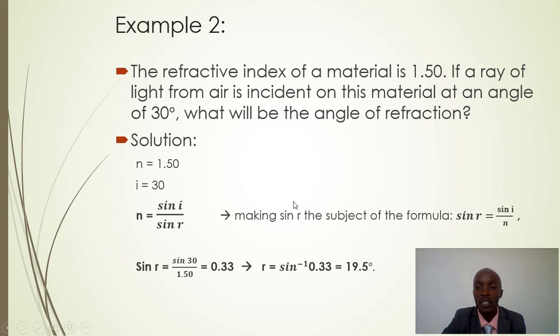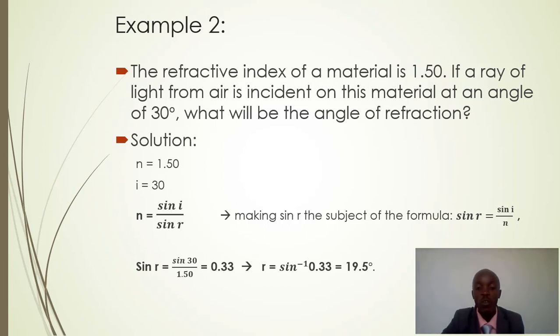It would be sin r is equal to sin i over n, n being the refractive index of our material. Now, sin r is equal to sin 30 over 1.50, meaning we're just substituting the given quantities. The answer will be 0.33.